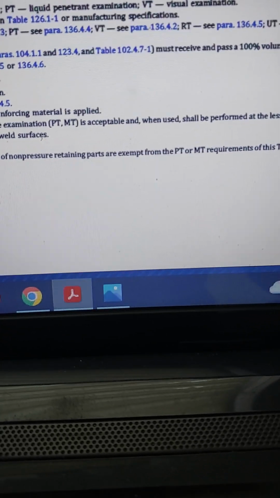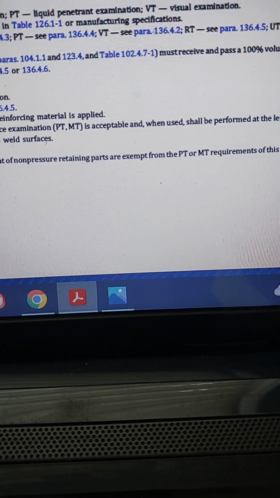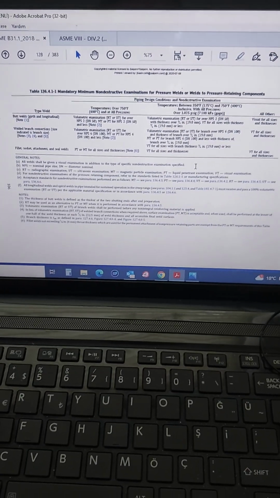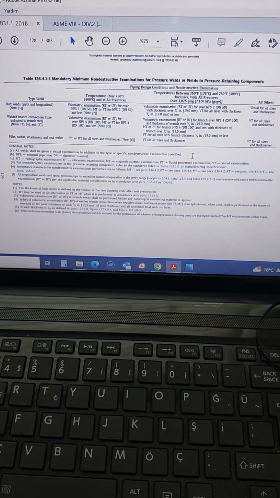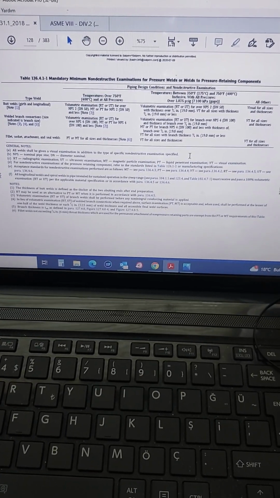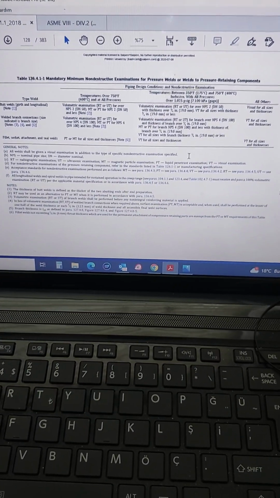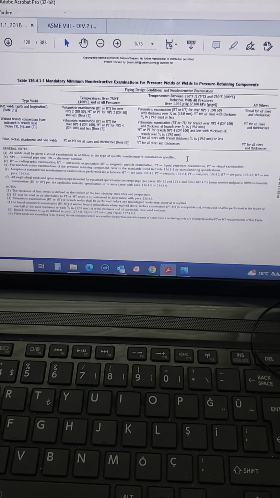As you see, for this table, minimum non-destructive examinations for pressure vessels and welds, pressure retaining components.